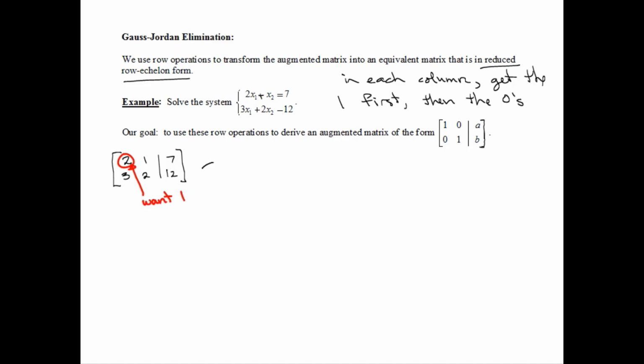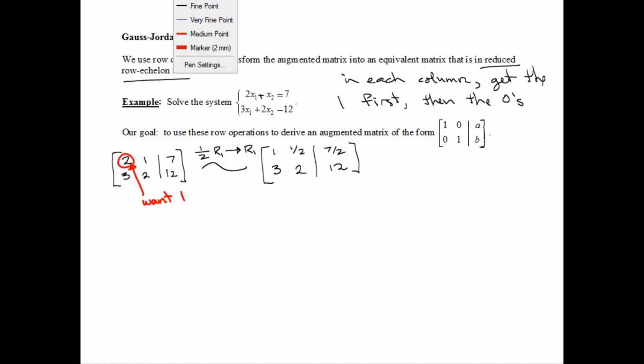And to do that, we are going to multiply that row by the reciprocal, since there's not any convenient row to switch it with that'll give us a 1. And so here we get 1, and then 1/2, and then 7/2. Second row is still here. Now we want to get a 0 in this column right here.